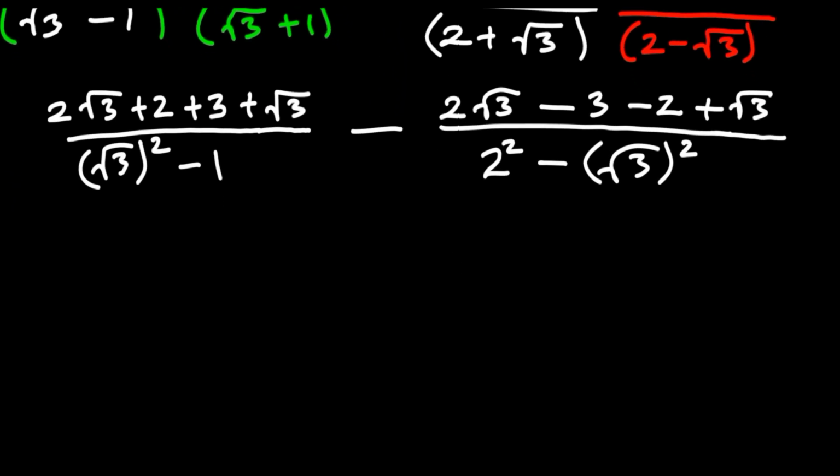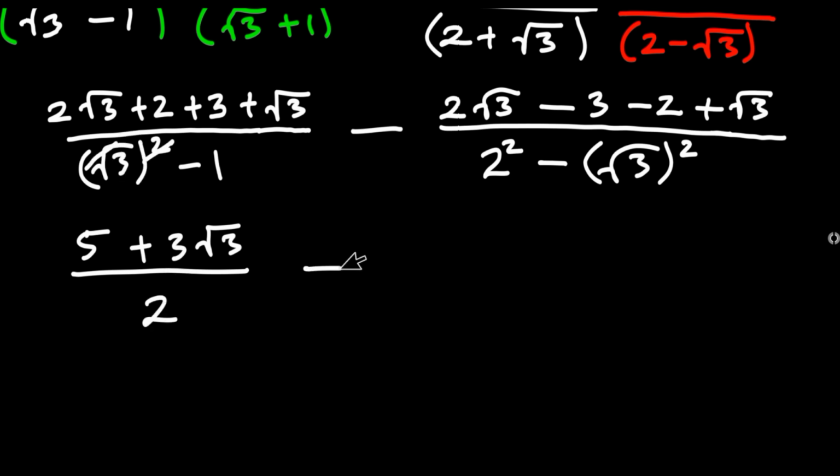Now in simplifying this right here, we're going to have 2 plus 3, that is going to be 5. 2 root 3 plus root 3, that is going to be 3 root 3. Then on the denominator side, this and this will go and we are left with 3 minus 1, which is 2. Then minus.